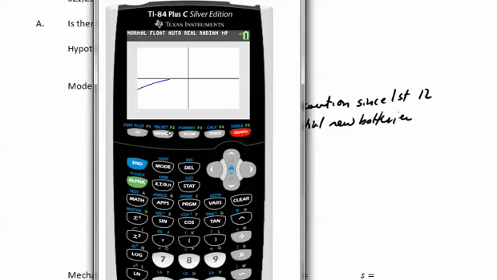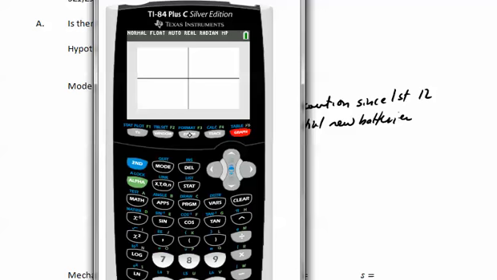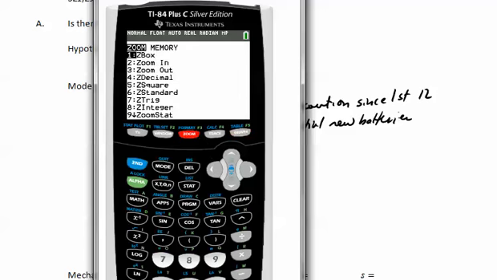Oh, I have got to clear out the data out of my y equals. So I need to clear that function from pre-calc. Okay, go back and graph and zoom stat.